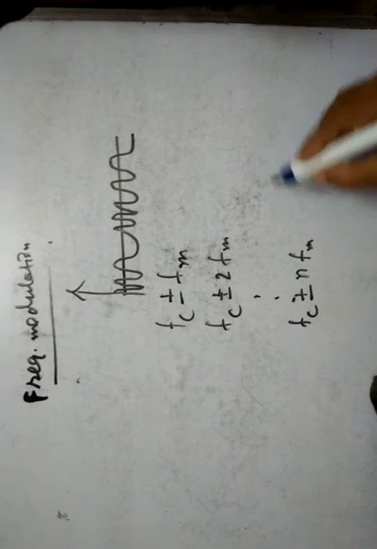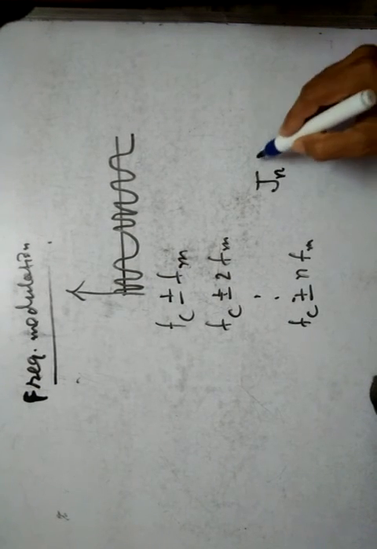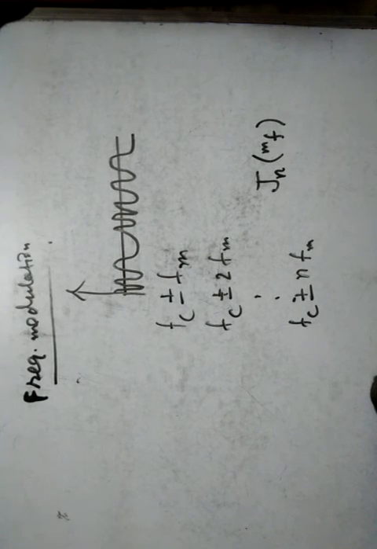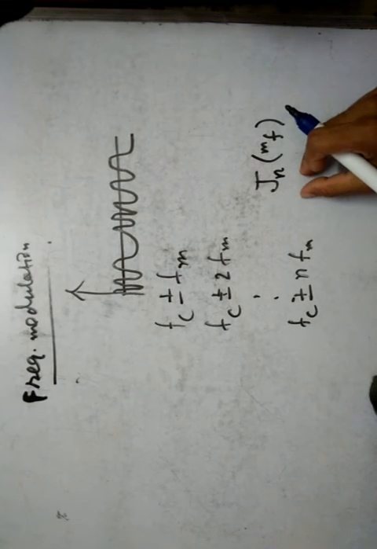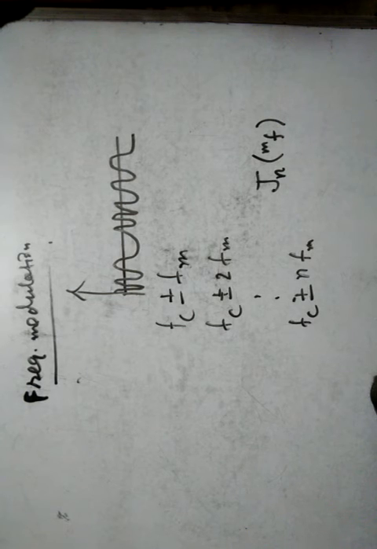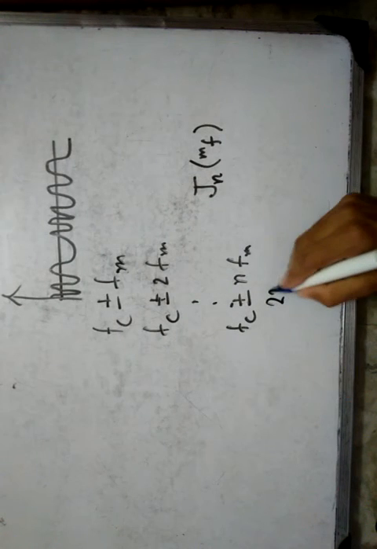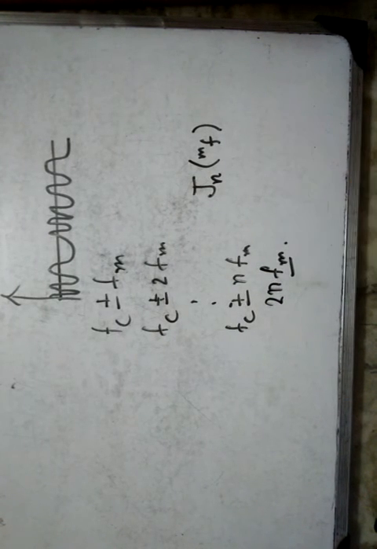Actually, it is proportional to the Bessel function Jn of mf, where Jn is the Bessel function of the first kind of order n. If Fm is the modulating frequency, the bandwidth will be 2n Fm.